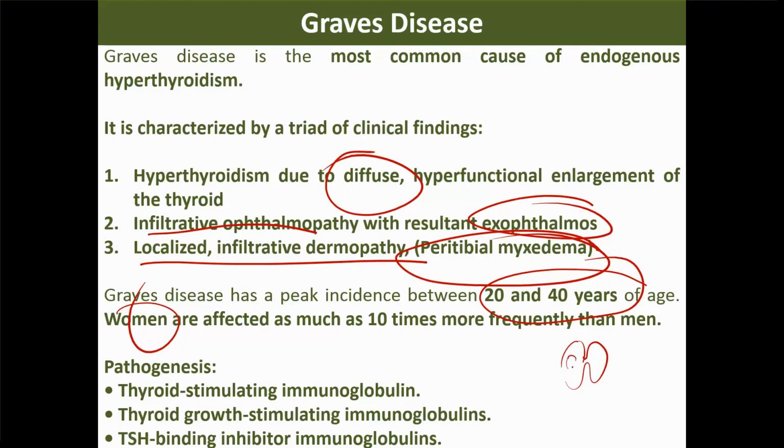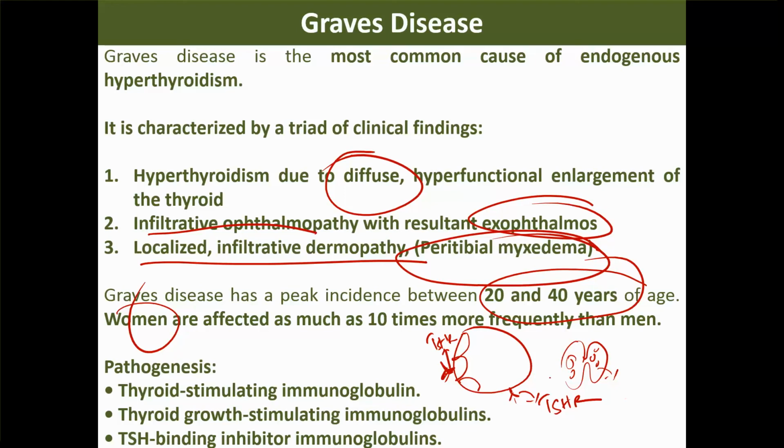And remember, this thyroid gland has thyroid follicles, and I am taking out one follicle, and these follicular cells have receptors for thyroid stimulating hormone. These receptors are called thyroid stimulating hormone receptors.